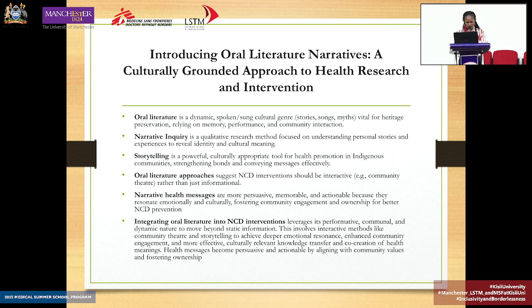And when you integrate oral literature into NCDs interventions, remember oral literature has the performative aspect. It engages the community. We are supposed to move beyond the informative part, that it's not all about informing people about NCDs. We need to engage people to take part in these stories.